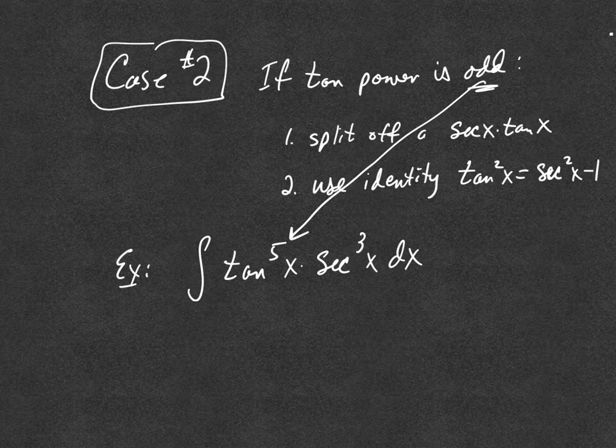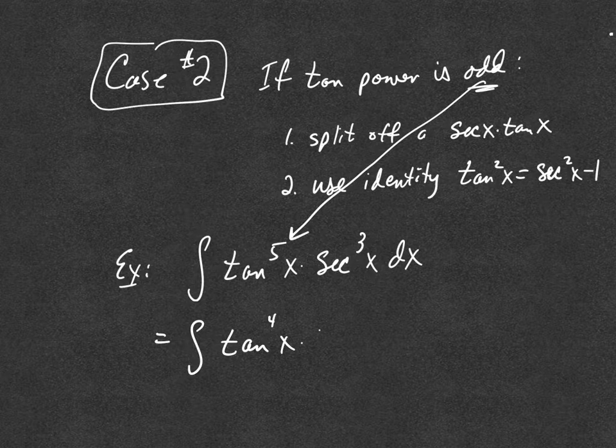Okay? So here's how it's going to go. What we're going to do is we're going to take our original problem, tangent to the fifth, secant to the third, and we're going to break off secant tangent. Well, if I factor out secant tangent, that means I'm going to have 4 tangents left and 2 secants left.